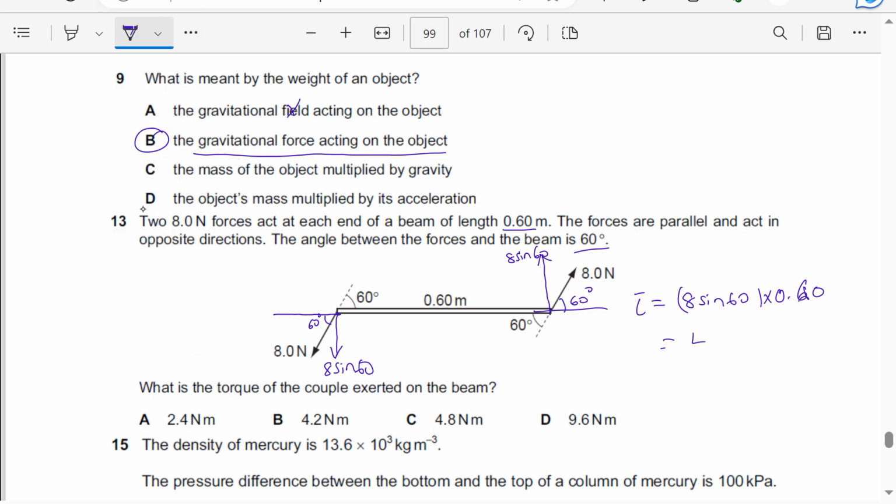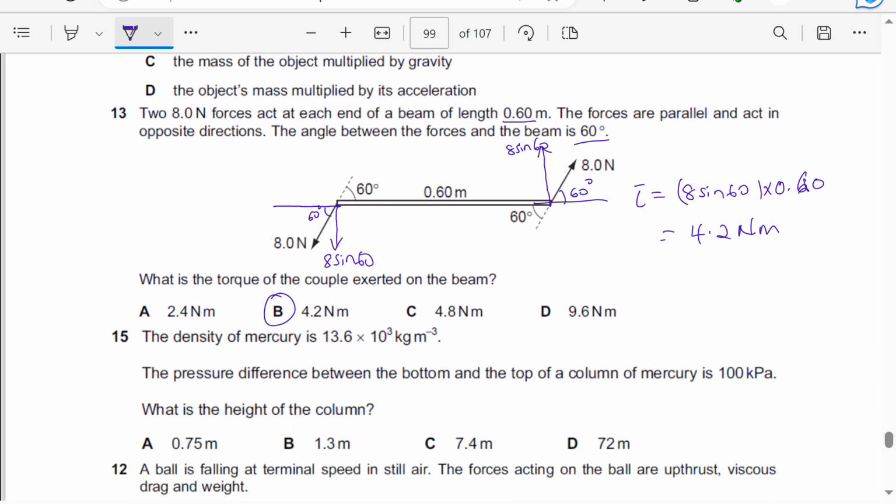So the answer here is 4.2 Newton meters. Of course, the torque of this couple is anti-clockwise. So the answer is B. You couldn't just use 8 times 0.6, not at all, because they were not perpendicular. The length 0.6 is not making 90 degrees with these forces. I had to resolve them so that I take 0.6 as a perpendicular length to these forces.